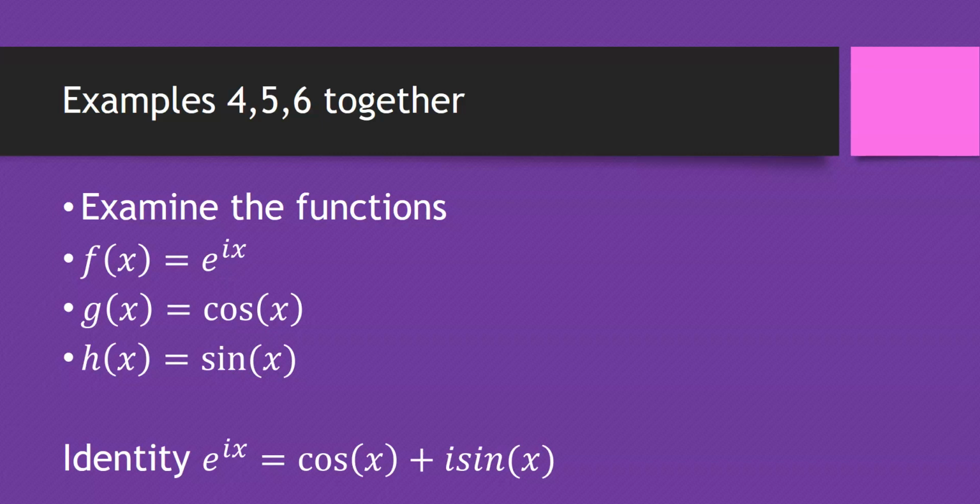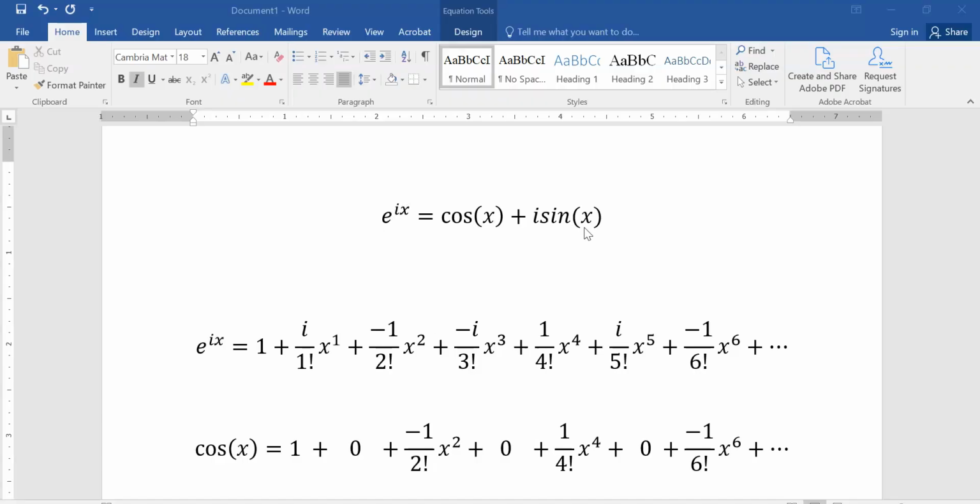And it turns out if you examine the Maclaurin series for these 3 functions, you'll see an interesting property. Actually, e to the ix, if you write the Maclaurin series for it, is exactly what you would get if you would have taken cosine x plus i times sine x. Let's take a look at that. Claim that this identity holds here. e to the ix is equal to cosine x plus i sine x.